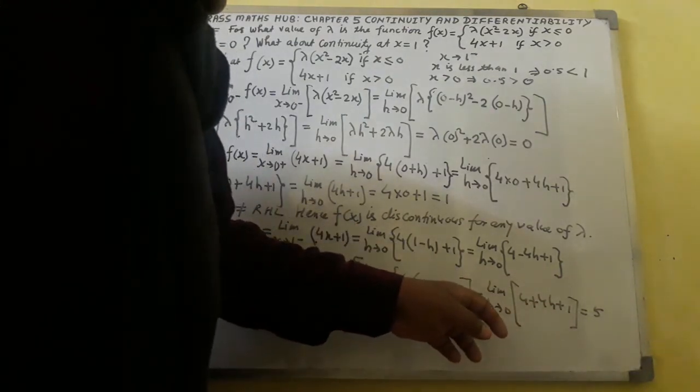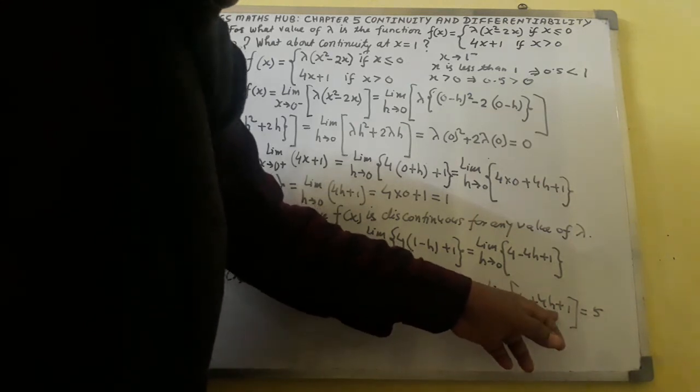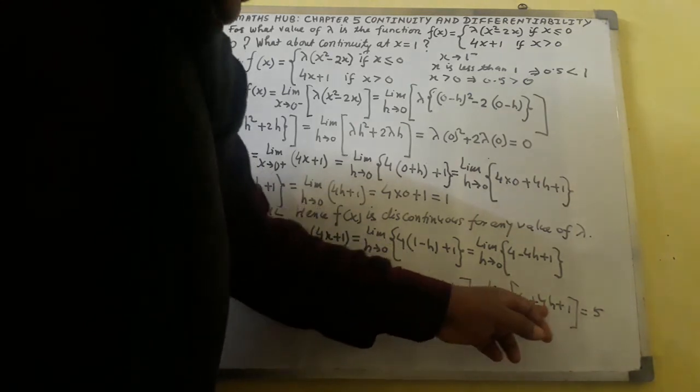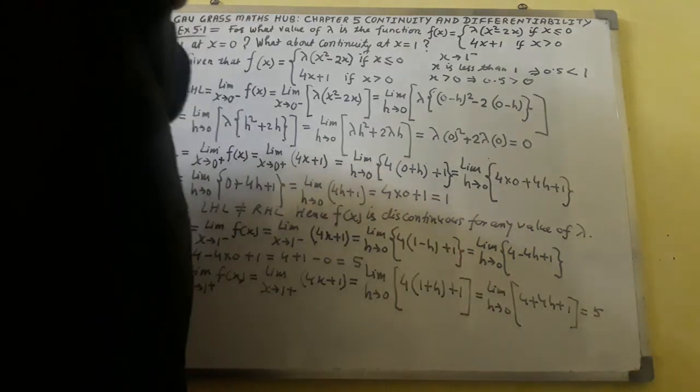I put h equal to 0, so 4 multiplied by 0 comes out to 0. 4 plus 1 comes out to 5. Lim h tends 0 will be removed.